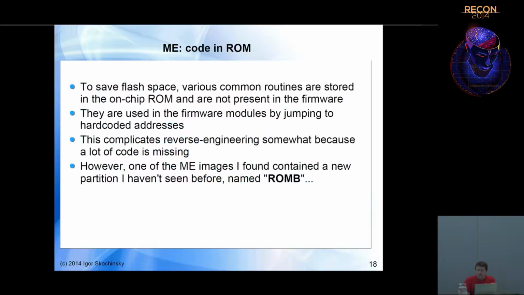Some of the difficulties that I encountered when analyzing this firmware: apparently to save flash space, some of the most common functions are implemented in ROM, on the on-chip ROM. And so you analyze the code, and then you see the pointer which goes nowhere, a jump or a call that goes nowhere. And apparently it goes to the boot ROM, which of course I don't have access to. I have only the updatable part of the firmware.